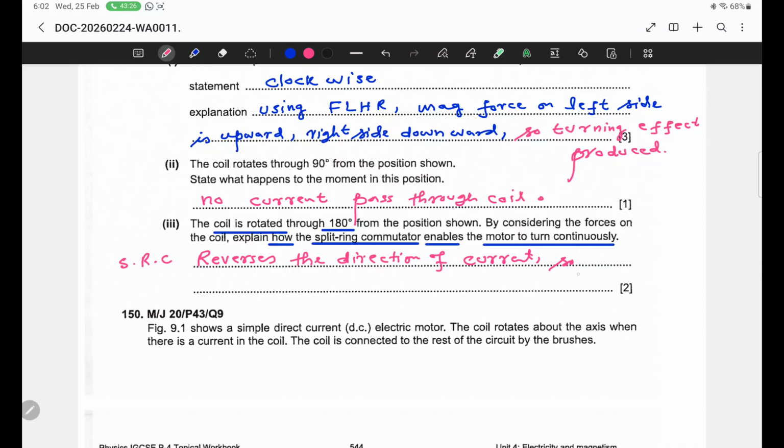So forces on each side are reversed, thus the coil turns continuously.